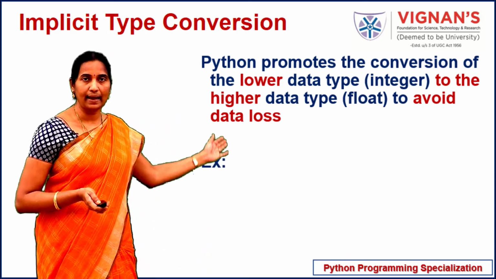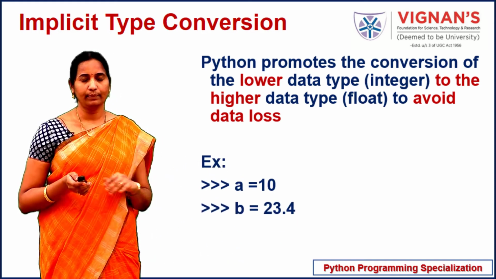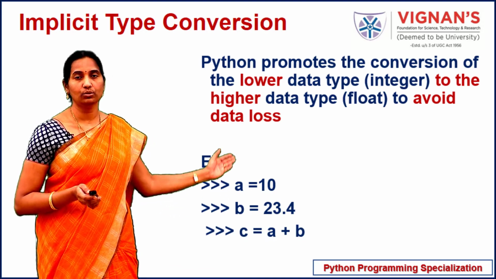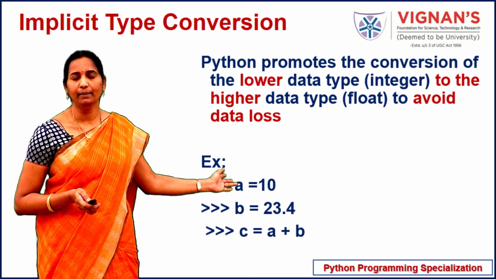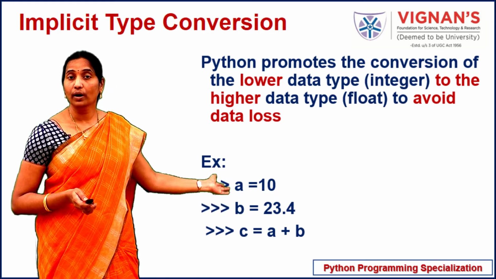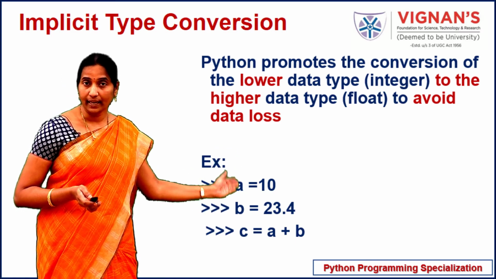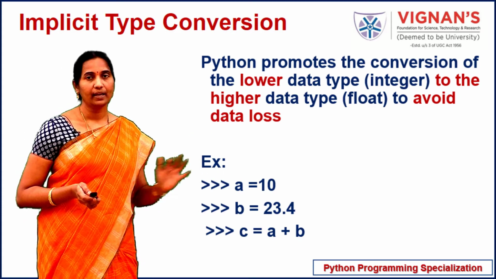So let's see this example here. a equal to 10, which is an integer, and b equal to 23.4, which is a floating point. Here I have an expression c equal to a plus b. Here a is of type integer and b is of type float. Because these two are of different data types, what Python does is, first the lower data type value will be converted to the upper data type and then the expression will be evaluated.